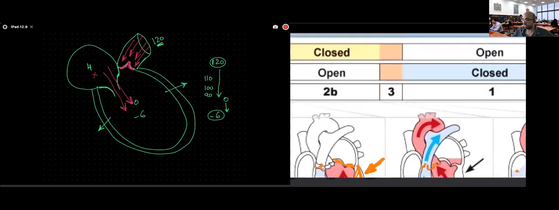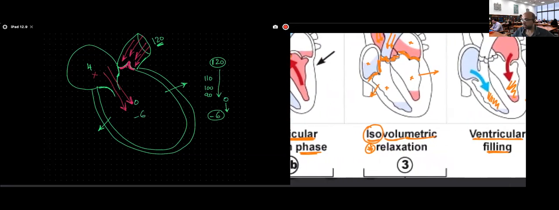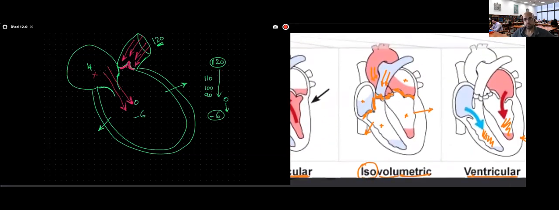As the ventricles repolarize, they will relax. So as you relax, what happens to the wall tension? It's going down. And as you reduce the tension of the wall, what happens to the pressure inside? Reduction in the pressure. You will reach a pressure low enough to close semilunar valves, but it's not low enough to open AV valves. So at this point, there is no blood moving into my ventricles.